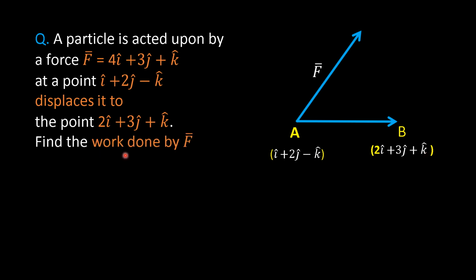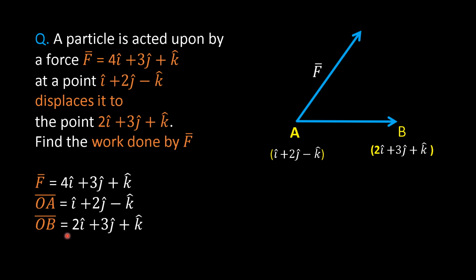We have to find the work done by force F bar. F bar is 4I cap plus 3J cap plus K cap. OA bar is I cap plus 2J cap minus K cap, and OB bar is 2I cap plus 3J cap plus K cap.